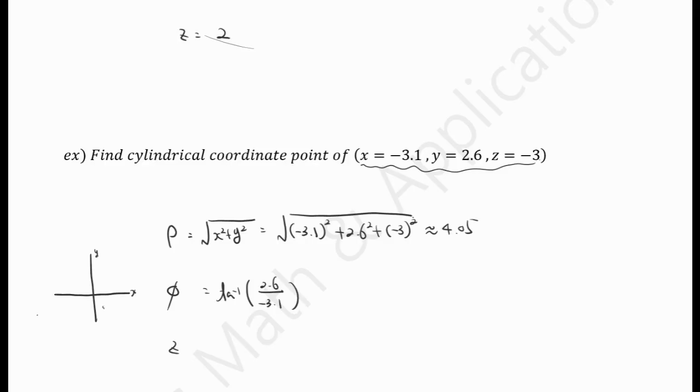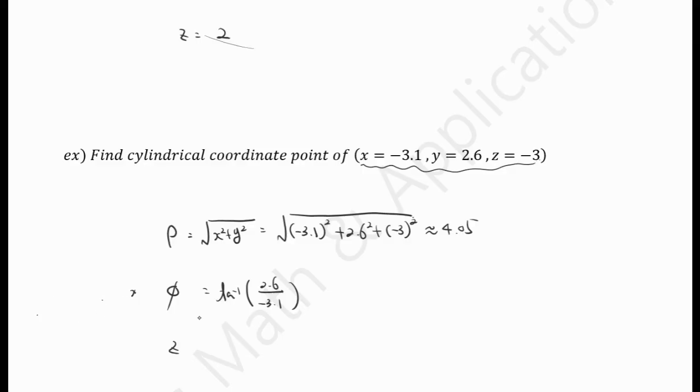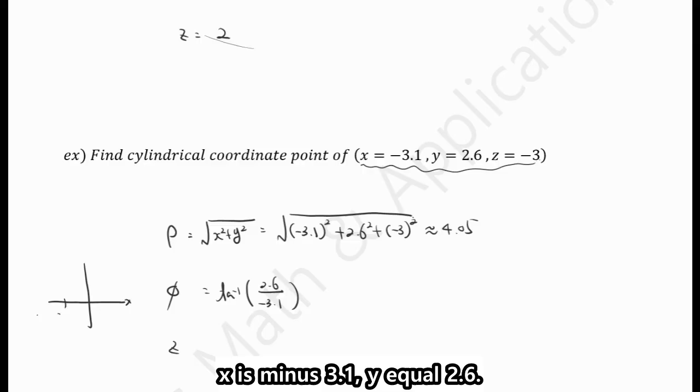So x equals 2.6, y equals minus 3.1, no, this x is minus 3.1. This is wrong. X is minus 3.1, y equals 2.6.